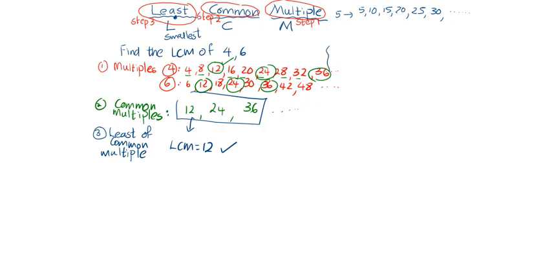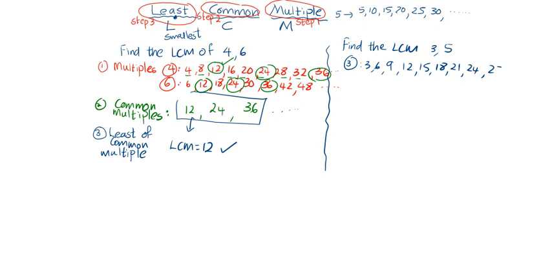Now the question says find the LCM of 3 and 5. The multiples of 3 are 3, 6, 9, 12, 15, 18, 21, 24, 27, and so on.